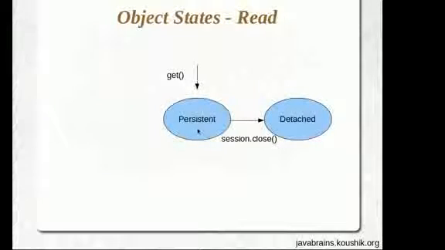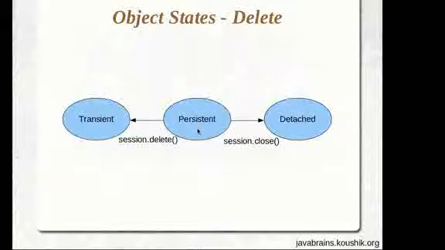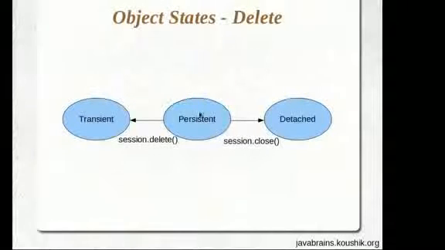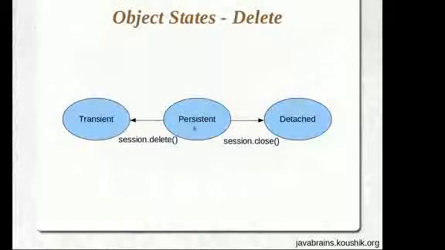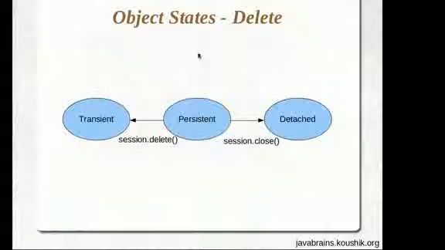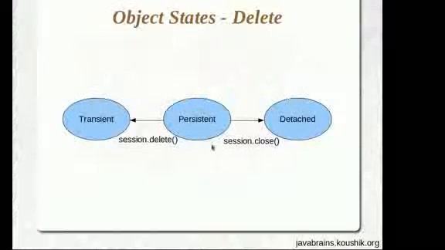Okay, so now we have seen create, read, and update. Now let's have a look at delete. Delete again has two flows. Once your object is in a persistent state, of course an object can be in a persistent state either by using a new and a session.save, or by using a get and resulting in an object with a persistent state.